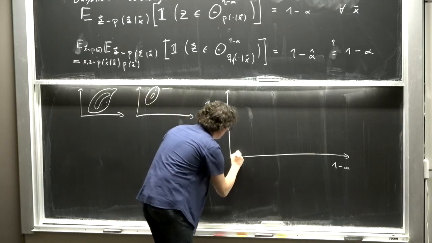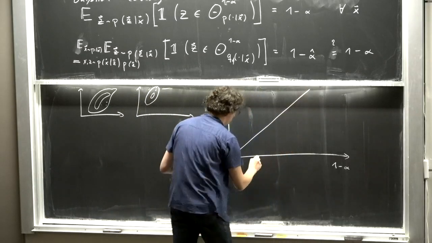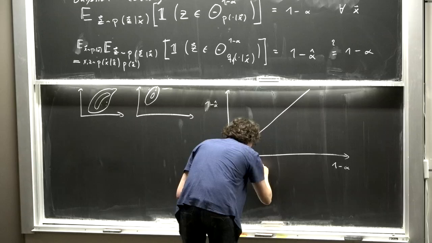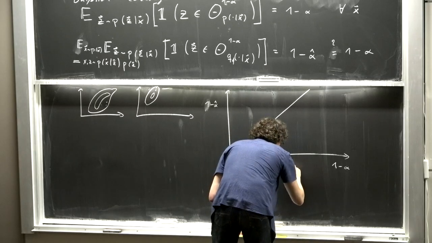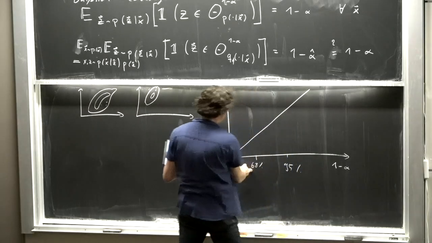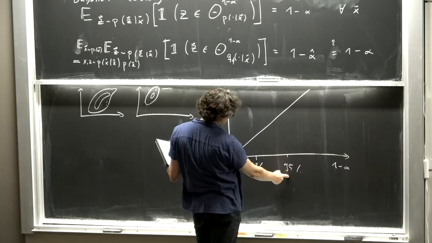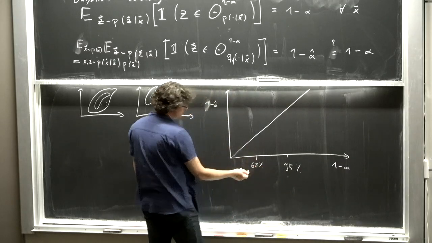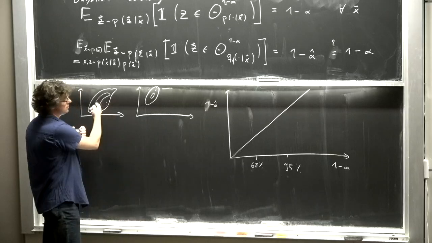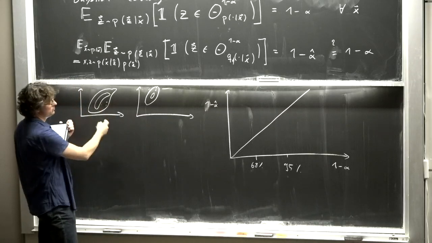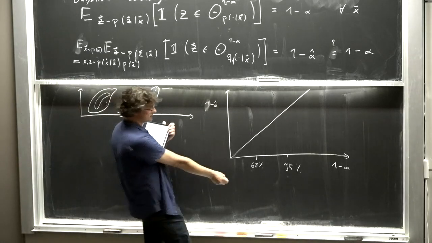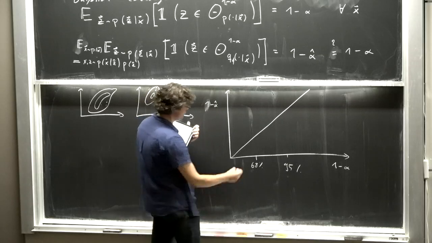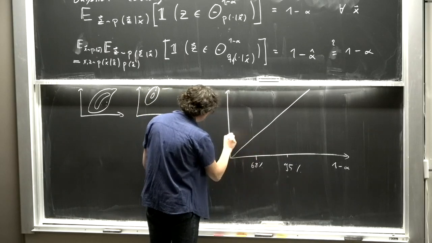Ideally now, I draw the diagram. So let's say this here is 68, this here is 95% credibility. Then if we run many simulations and just count the frequency of cases in which the true parameter is contained in the 68% credible region, we might end up exactly here, which would be nice.